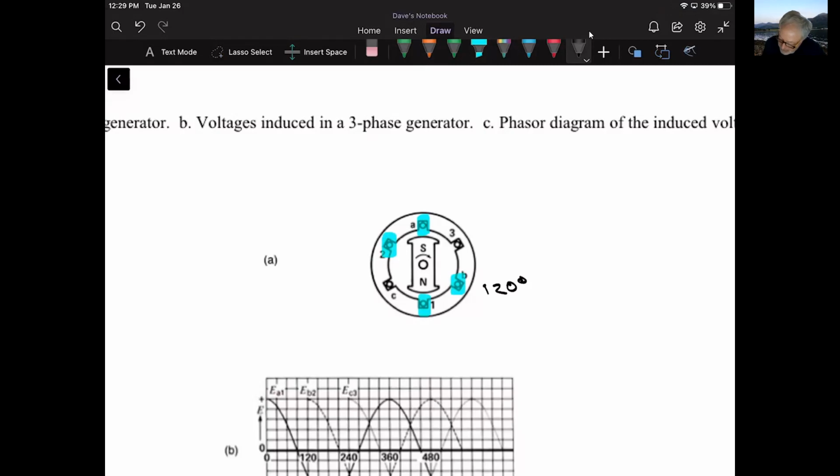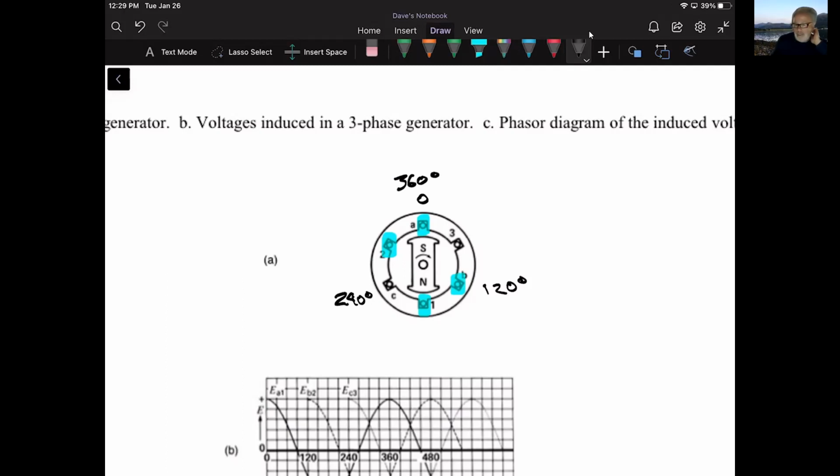So if we say this is 0 or 360, and then to move from B to C, we go another 120 degrees to 240 degrees, to make that complete circumference.